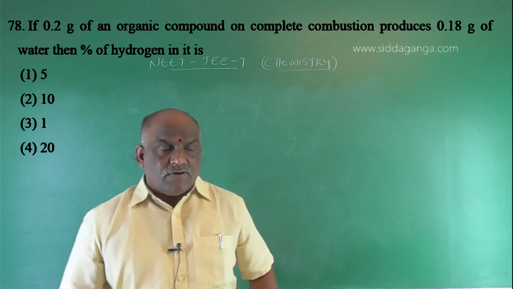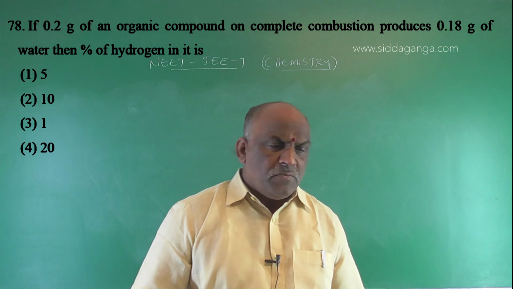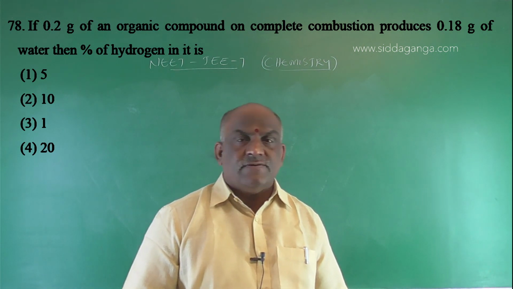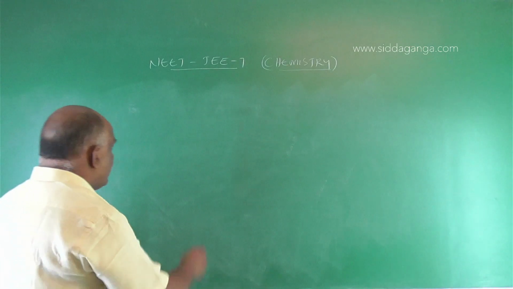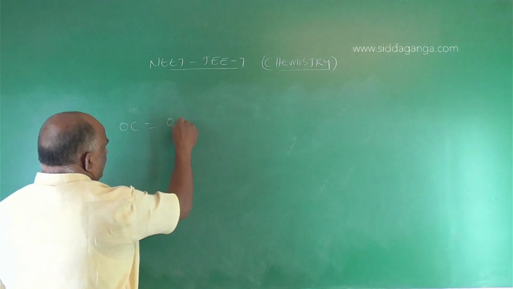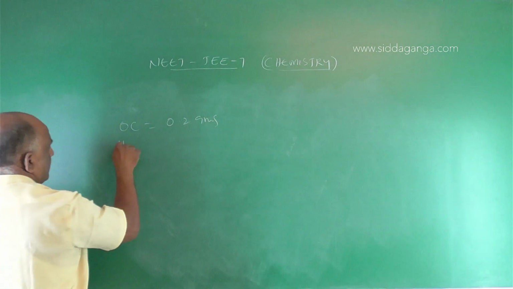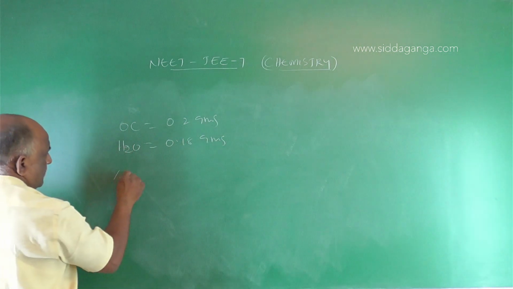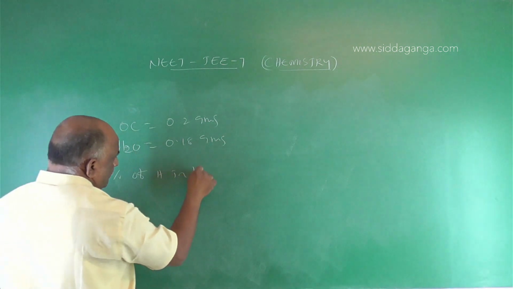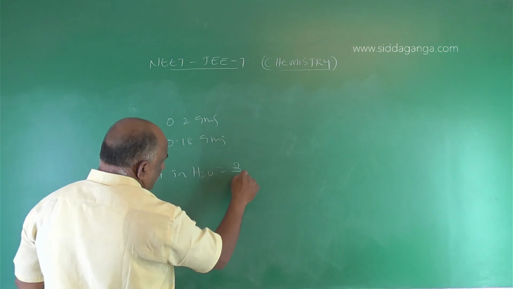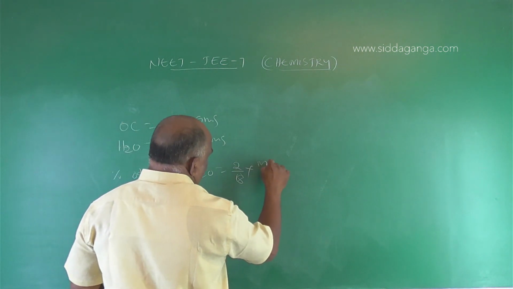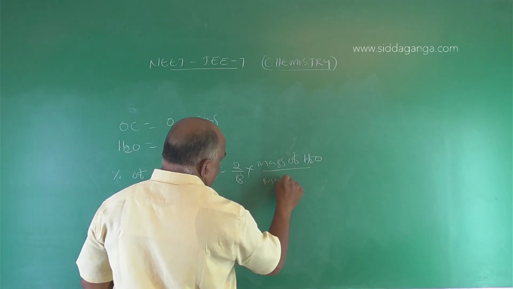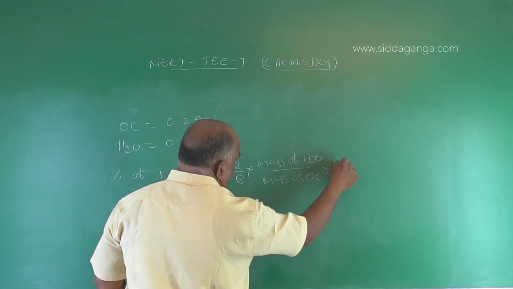And next one, a numerical question. 0.2 grams of an organic compound on complete combustion produces 0.18 grams of water, then the percentage of hydrogen in it is. The organic compound is 0.2 grams, and the mass of water is 0.18 grams. You know one formula: percentage of hydrogen is equal to 2 by 18 into mass of water divided by mass of organic compound into 100.